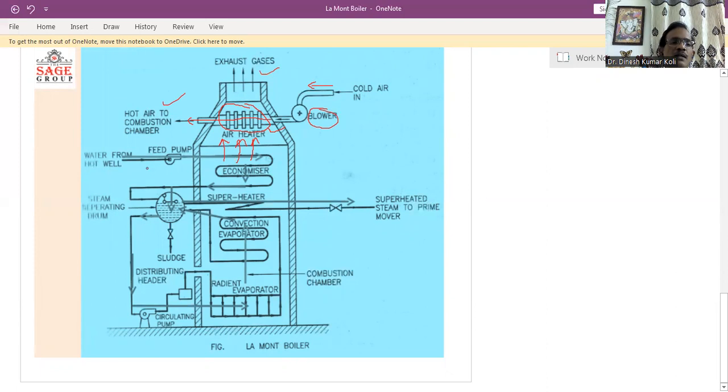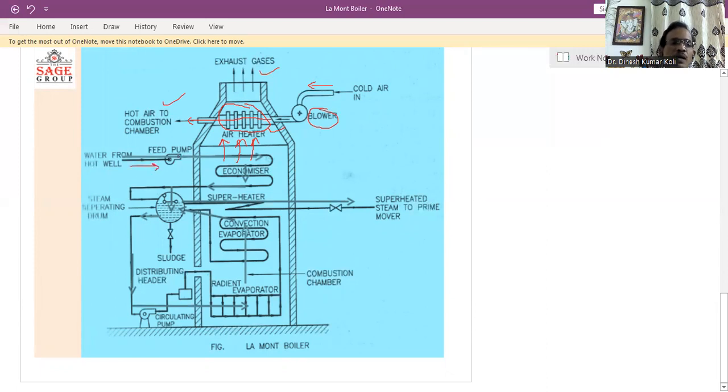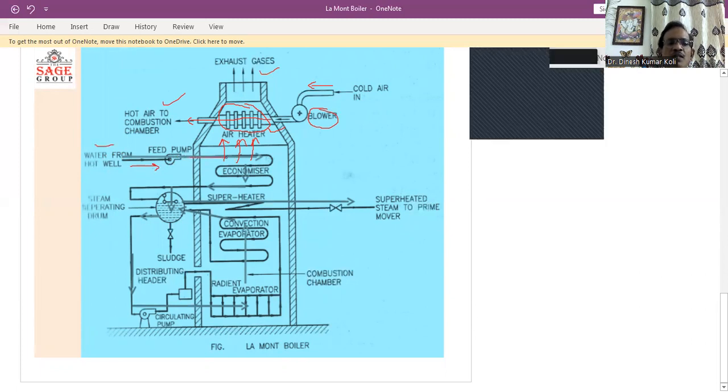Now here you will see there is a feed pump, and this feed pump draws the water from the hot well, and this water passes through these pipes or tubes. This section is called the economizer.